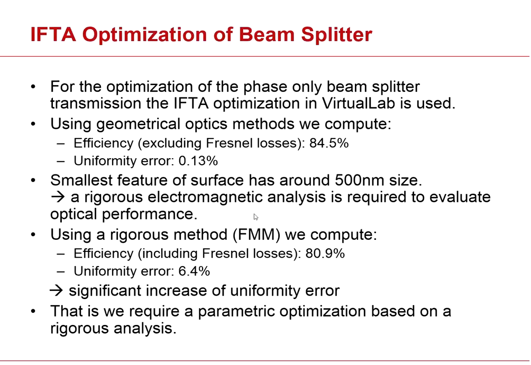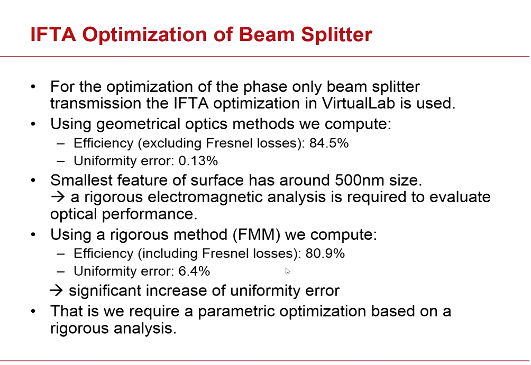VirtualLab provides these methods, namely the Fourier modal method for analyzing such beam splitters, and we did this and computed an efficiency of 80% and a uniformity error of 6%. Because it's a better method, this would be much closer to reality. It also means that we have to apply parametric optimization based on a rigorous analysis.